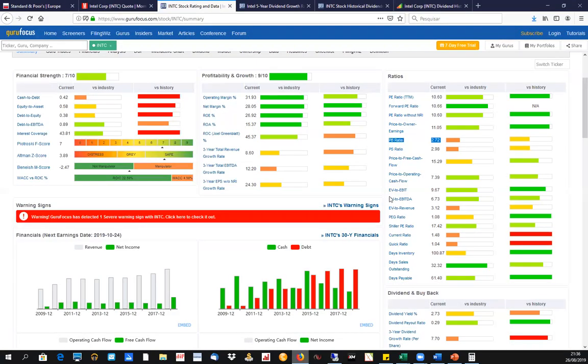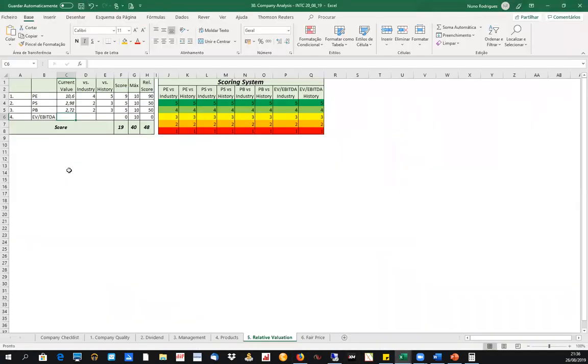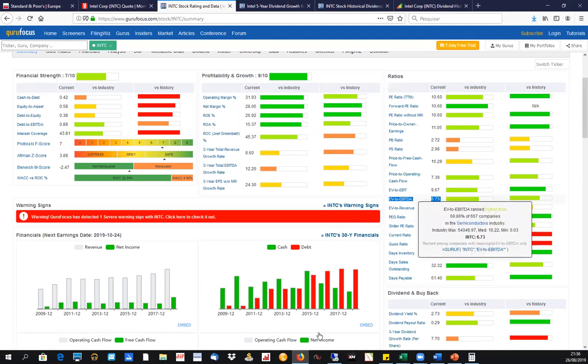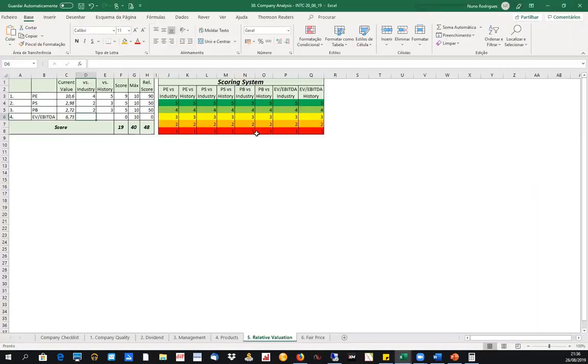Now EV to EBITDA, here we have 6.73. Let's score this against the industry: light green, and light green versus its history. So we have 4 and 4.